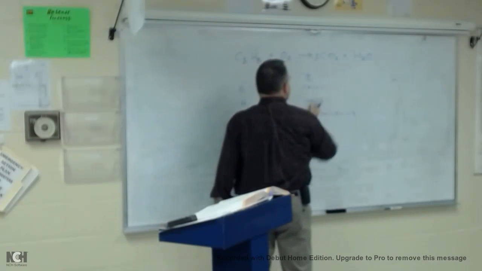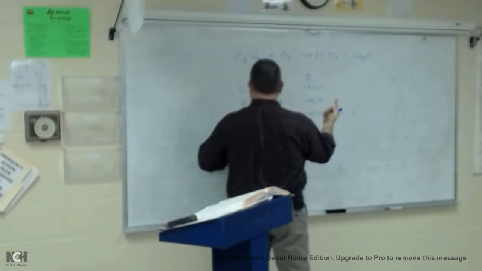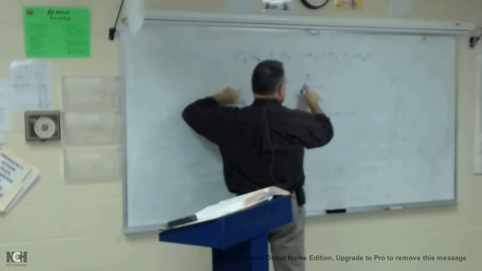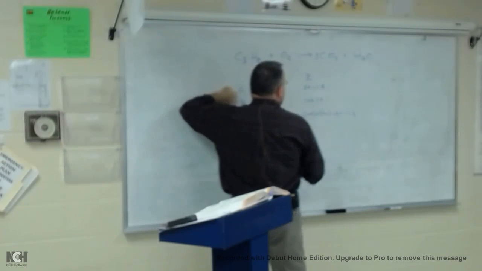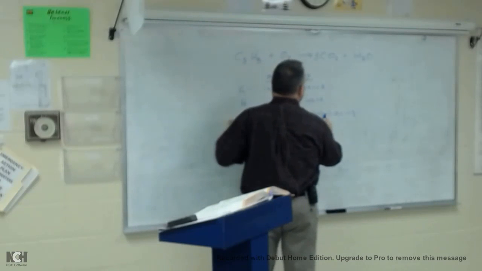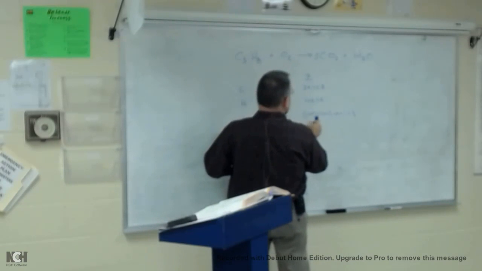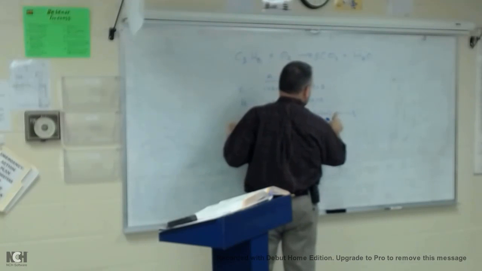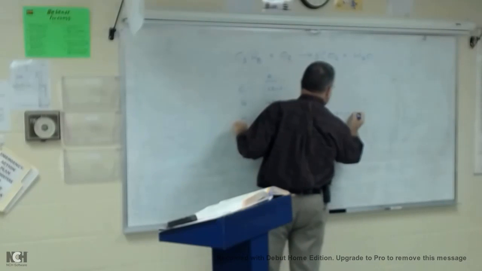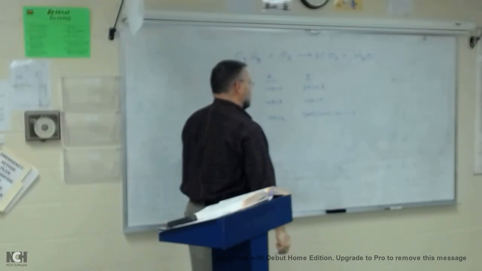Now that's going to mess up my carbon and my oxygen count, right? I go to carbon now. I now have 3 sets of 1 carbon to give me 3. But I also now have for oxygen over here, it's now 3 sets of 2, which changes this to 6. And now I have 7. Right?